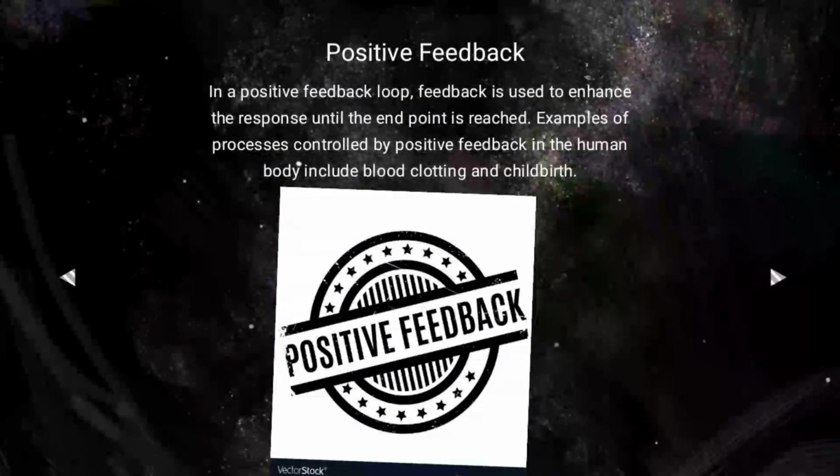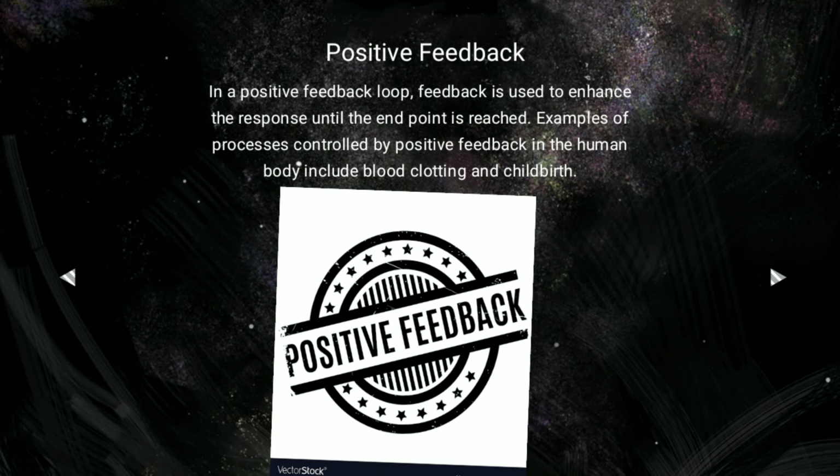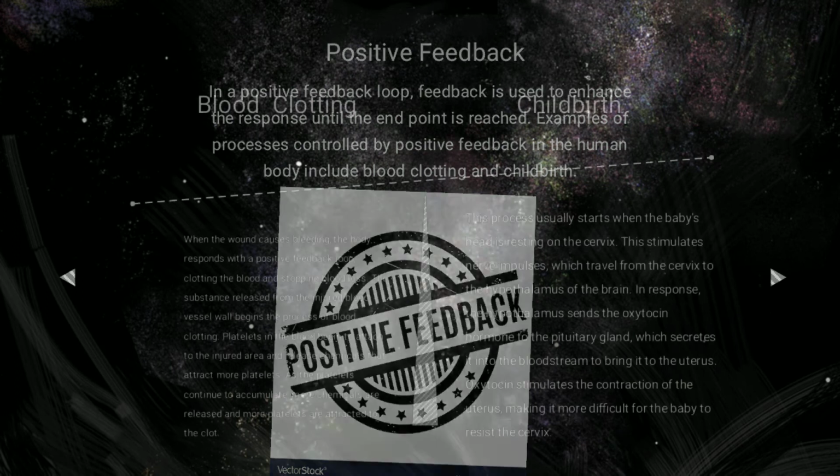Positive feedback. A positive feedback loop is feedback used to enhance a response until an endpoint is reached. Examples of processes controlled by positive feedback in the human body include blood clotting and childbirth.